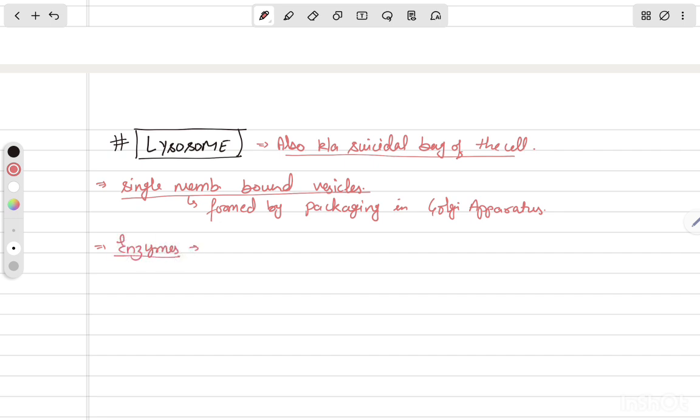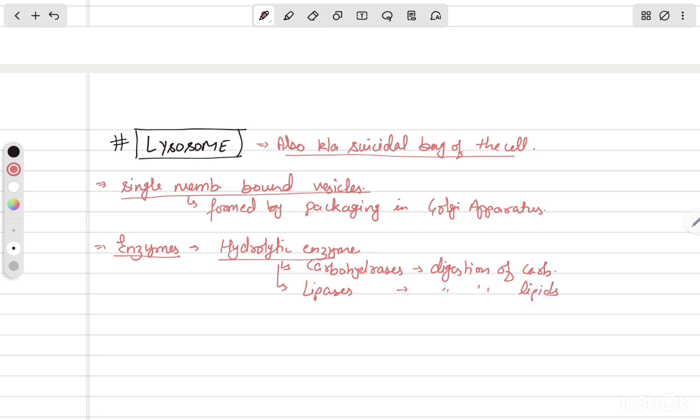Now, what are the enzymes which are present in lysosome? The category of enzyme is hydrolytic enzyme. Hydrolytic enzymes are carbohydrases for digestion of carbohydrates, lipases for digestion of lipids, and proteases for digestion of proteins.